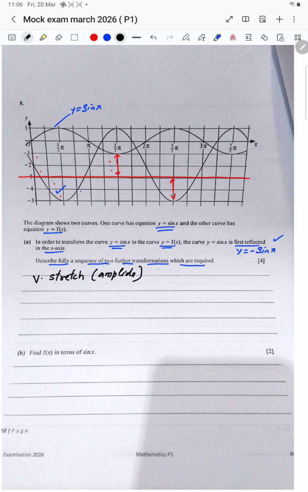As I told you, in the previous question we did amplitude. Amplitude is basically defined, as in physics, as the maximum minus the minimum, divided by 2.